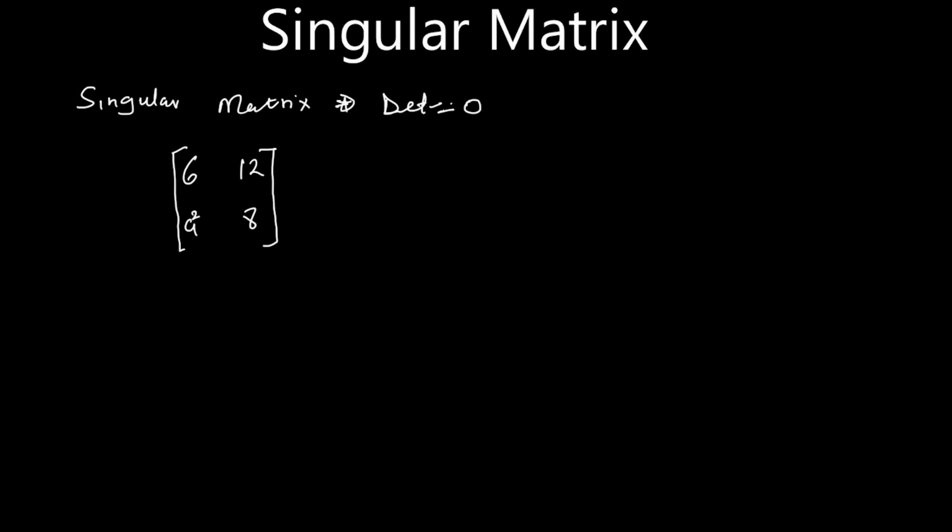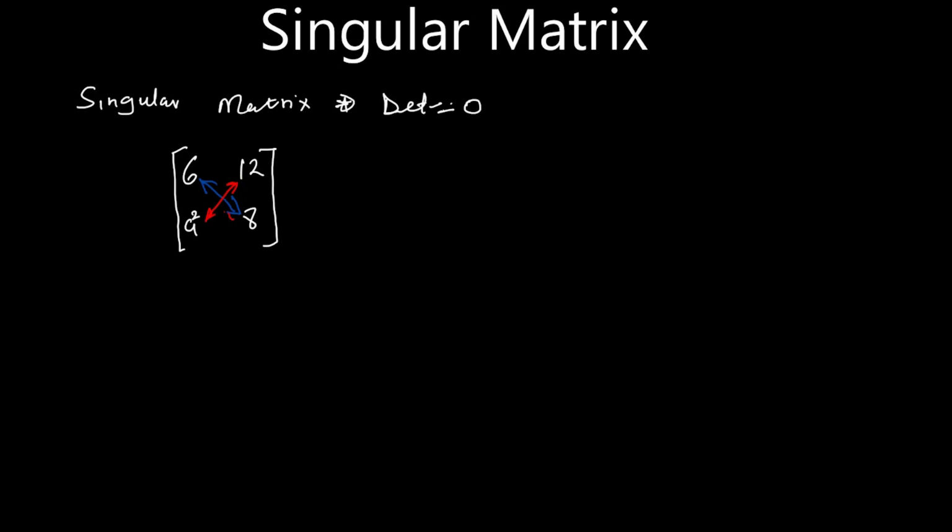And for the determinant, we said that you multiply the leading diagonal, then subtract the other diagonal, and that is how you calculate the determinant.